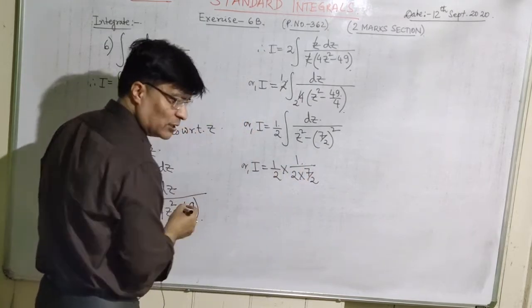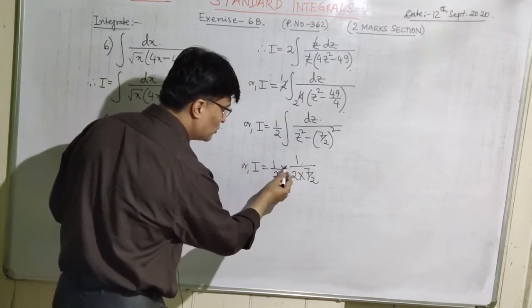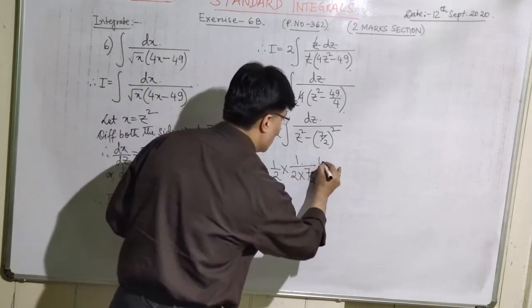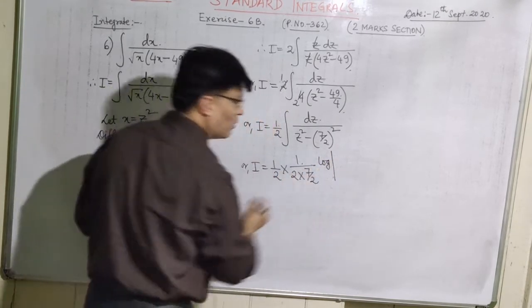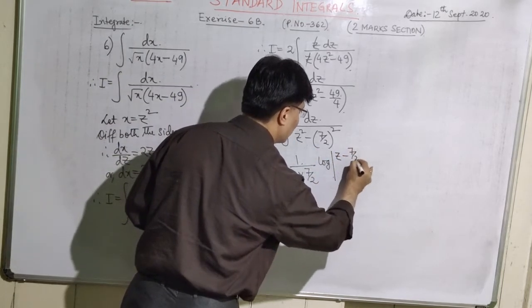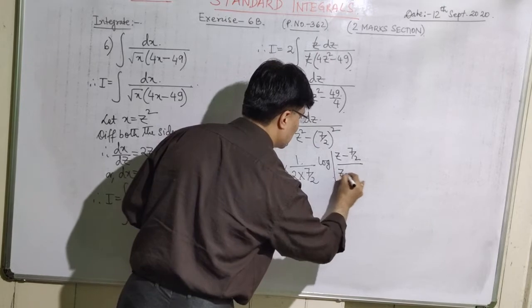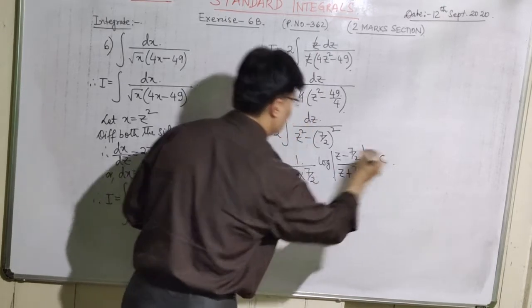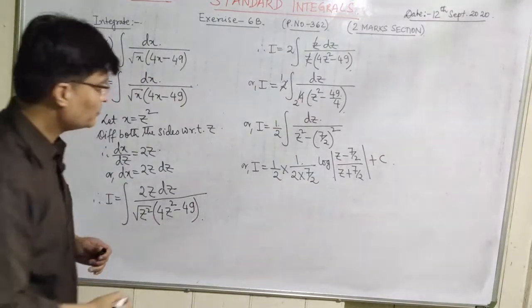This half is constant, you have to write it. Now use the formula, 1 by 2 into, what is a, 7 by 2, log within mod, in the numerator x minus a divided by in the denominator x plus a, right? Then write down plus c.